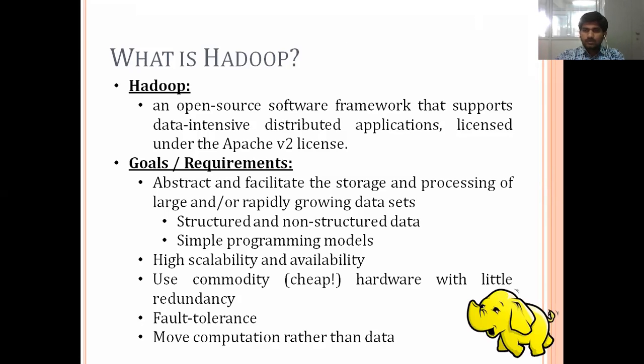Where we started, why were we adding these replicas? There we learned about fault tolerance. Even if one system fails, the data is retrieved from another system, that is another node. So it is fault tolerance.